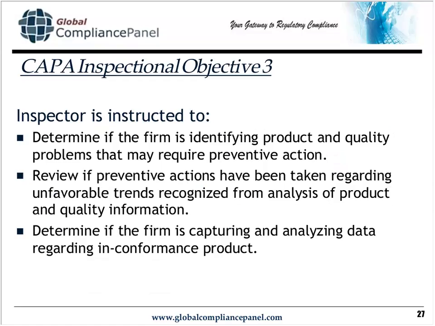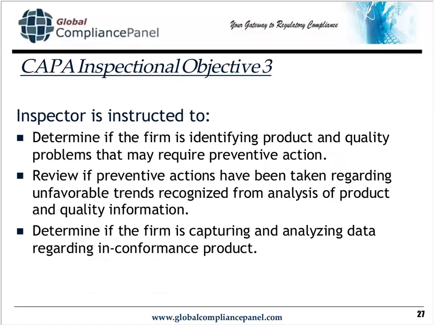That's fine. The third bullet point is very interesting, and while perhaps intimidating upon first read, of course, when you trend data, you're going to be capturing and analyzing data regarding in-conformance product. That is to say, if you have a 99% yield, if you have a 1% reject rate, you also have a 99% pass rate.